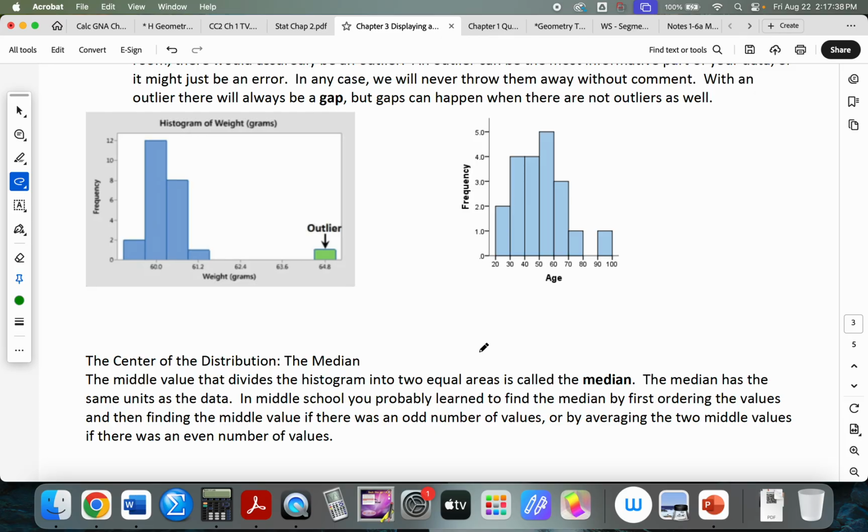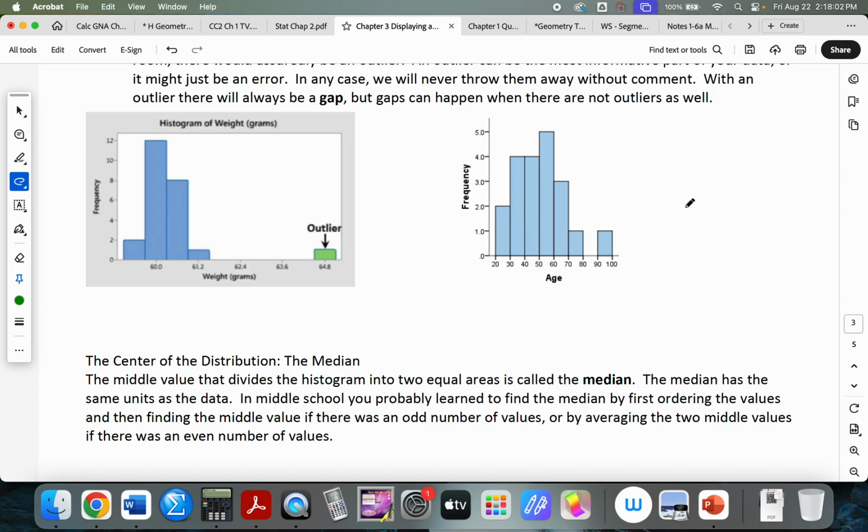You should get to the place where you can look at a histogram and fairly quickly find the median. So for this one, there's 2 in this bin, plus 4 makes 6, plus 4 makes 10, plus 5 makes 15, plus 3 makes 18, 19, 20. There are 20 values.